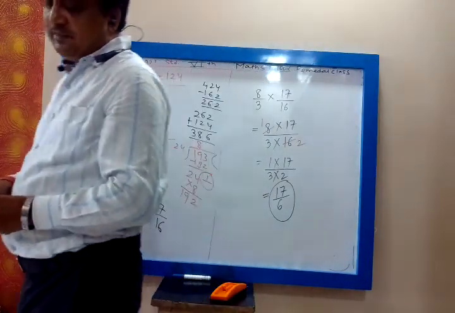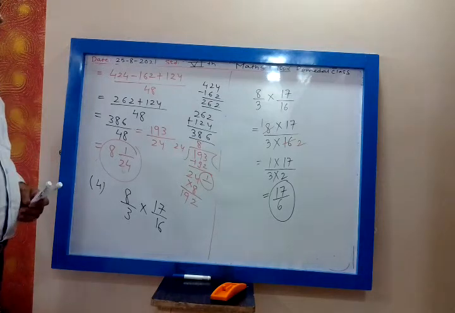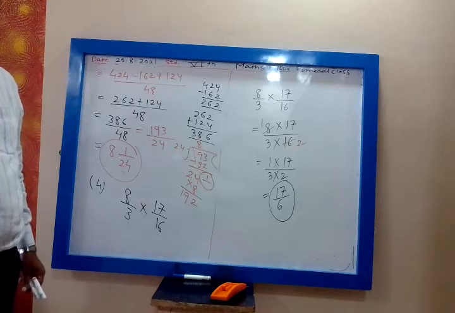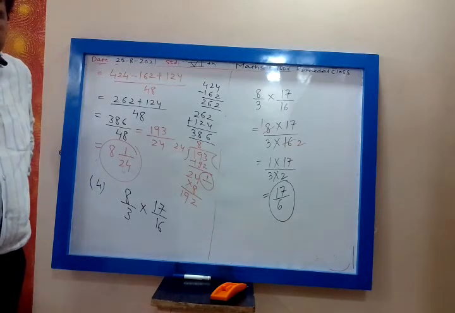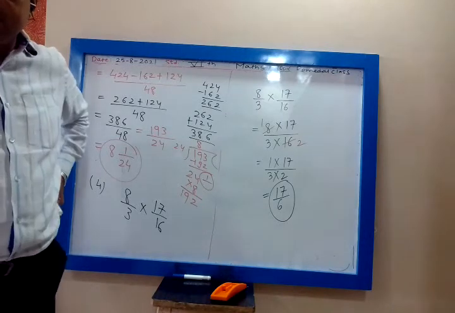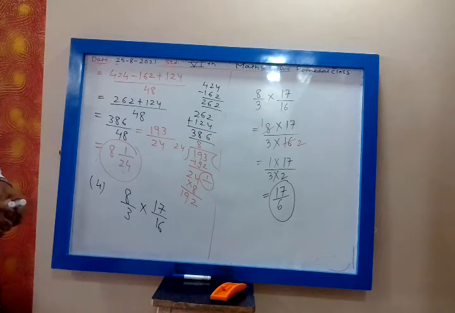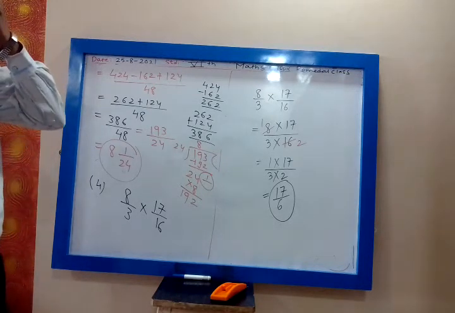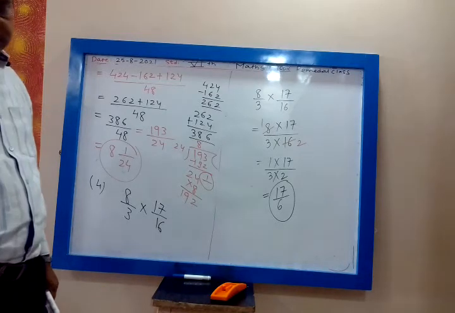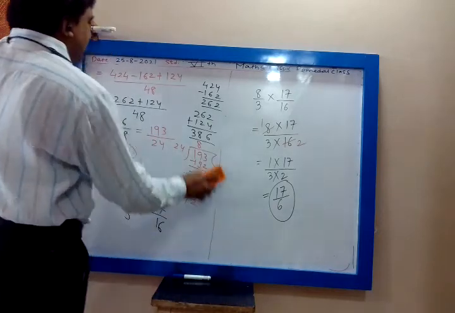Numerator into numerator upon denominator into denominator. That is multiplication of two fractions. Okay. Chalo, simplify.